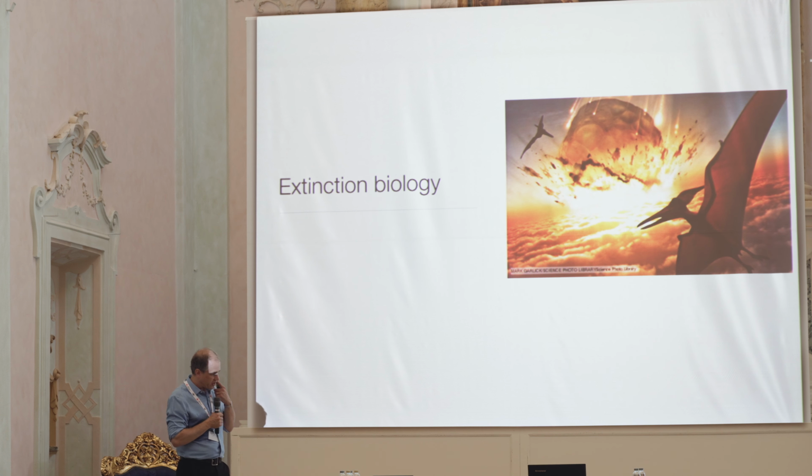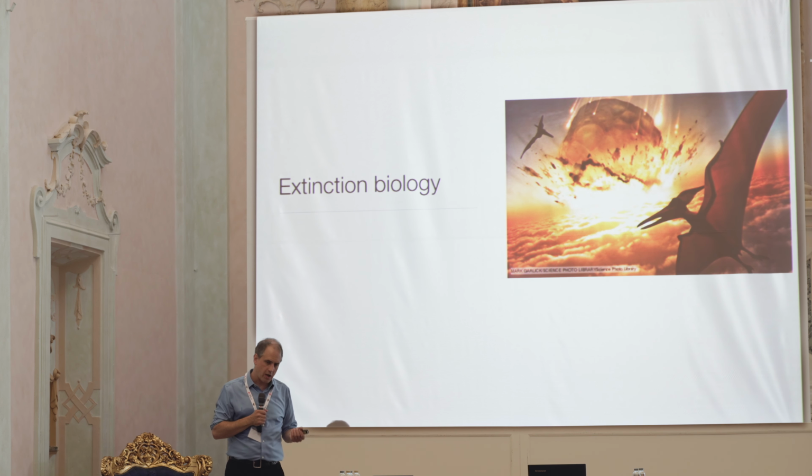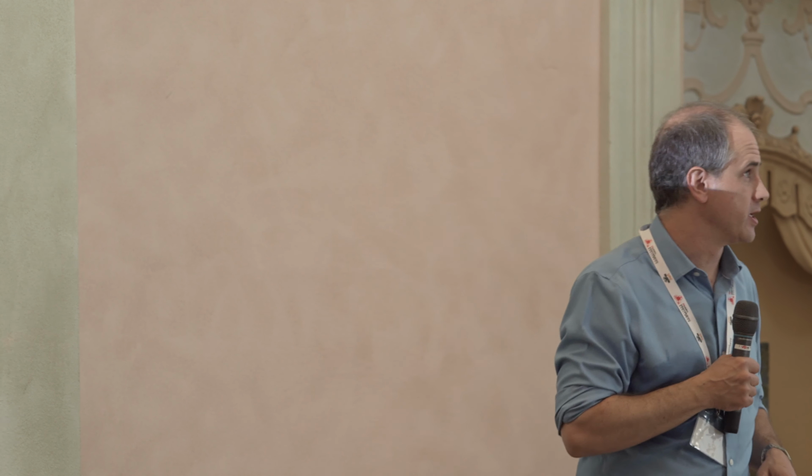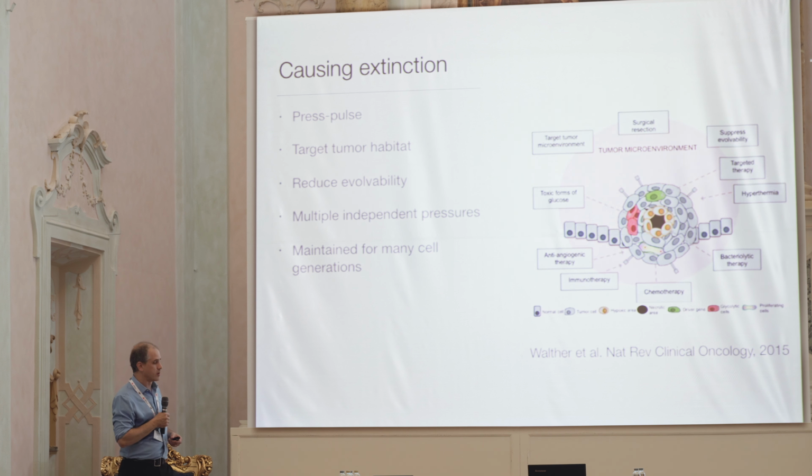Therapeutic response: we did a study asking what causes a species to go extinct, because it's analogous to driving a tumor extinct, right? A species is a genetically diverse population spread over some geographical area, and the tumor is a genetically diverse population spread across, in the worst case, geographical areas of the body. And so we'd like to understand how we could drive a tumor extinct.